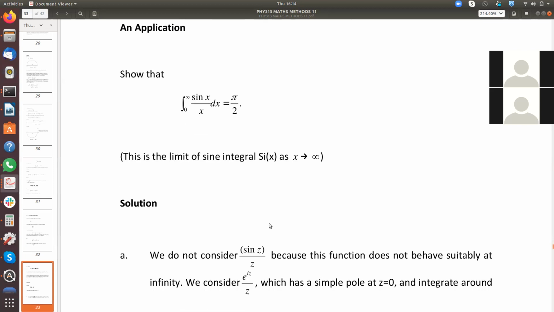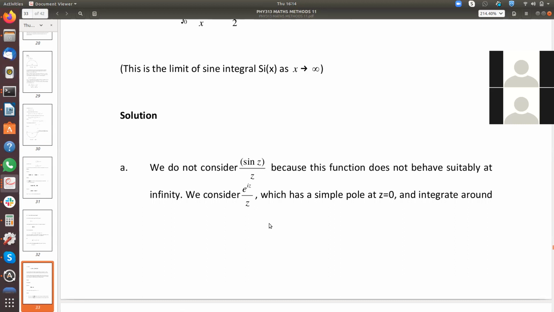The solution is that we do not consider sin z over z, because this function does not behave stably at infinity. We consider exponential i z over z, which has a simple pole at z equals 0. That is, for this expression to be undefined, z must equal 0. That's the meaning of a simple pole at z equals 0.